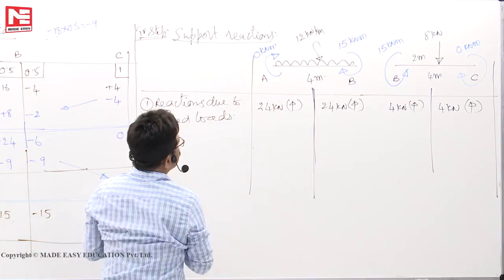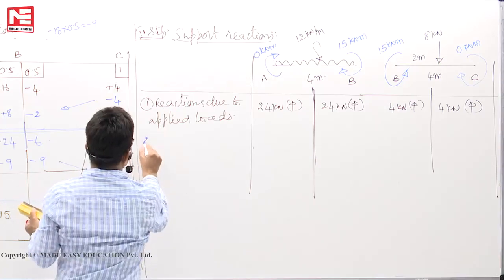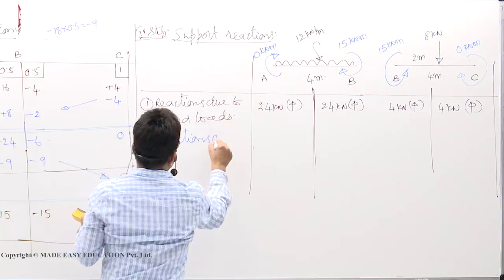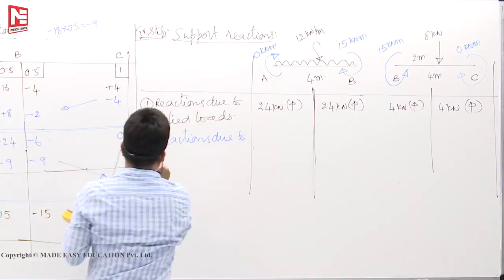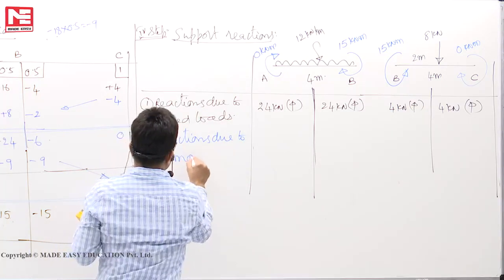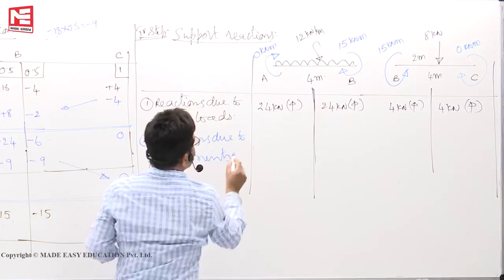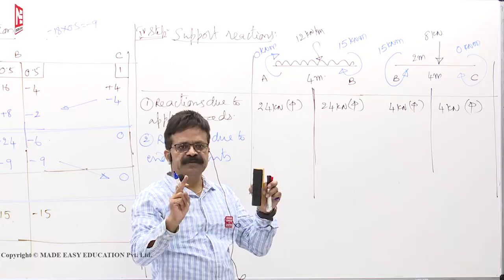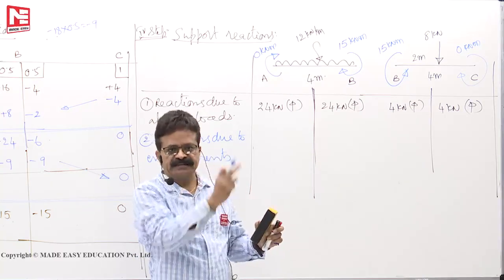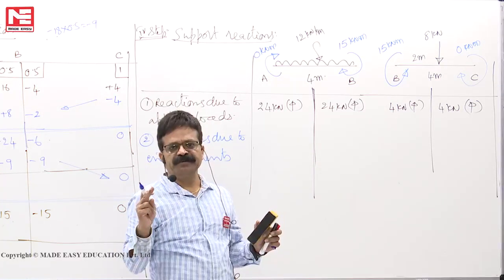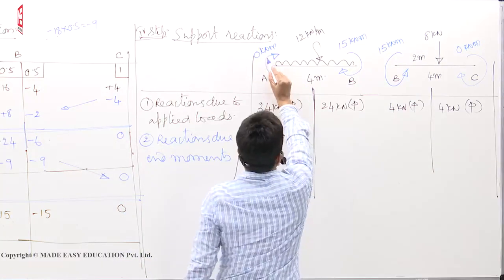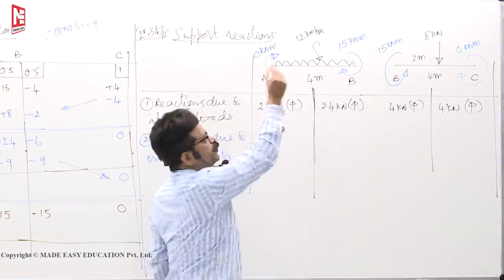Next, reactions due to end moments. Now see, in strength of materials you have studied that in a simply supported beam, if there is a moment M, then a couple will develop, M by L, as the reaction. Here 0, here 15, 15 clockwise.